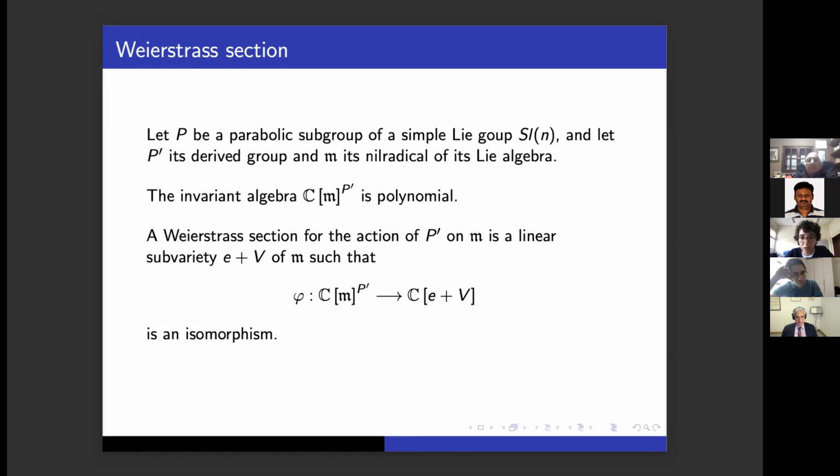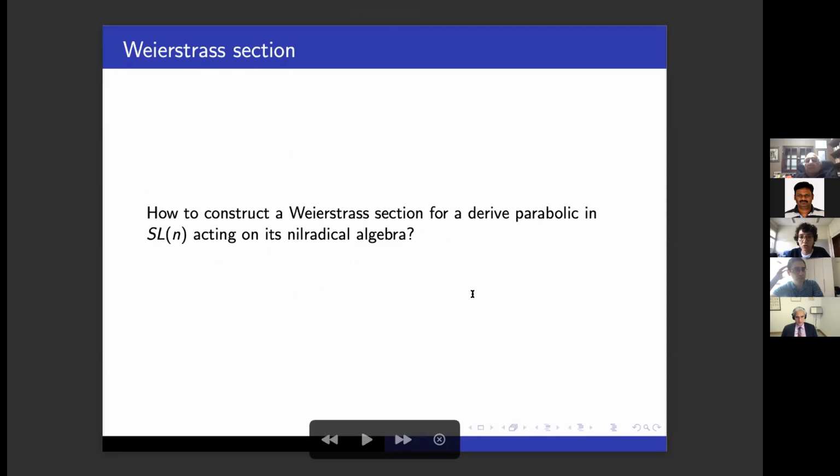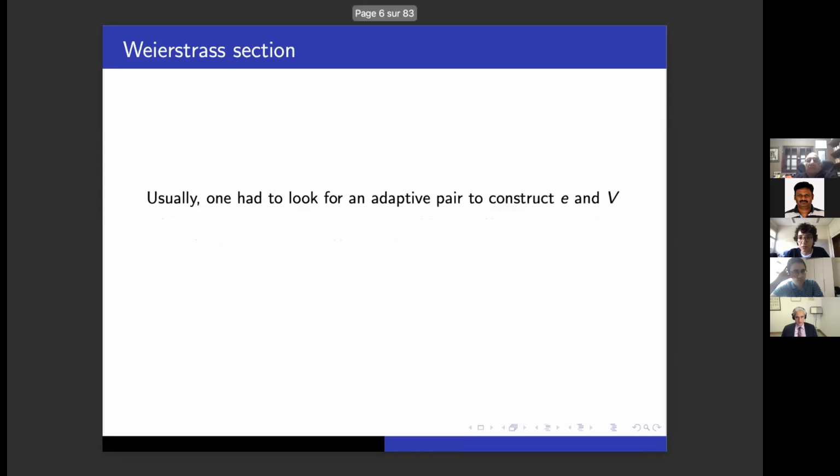Okay, so in a certain way, V, because it's the vector space, is getting all our attention. Let's go. So how to construct a Weierstrass section for a derived parabolic in SL_n acting on its nilradical?